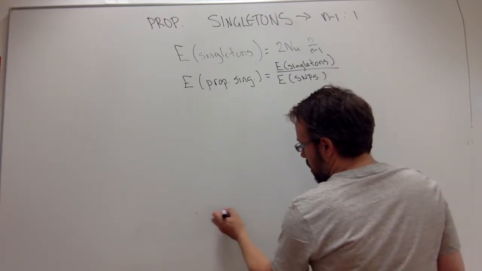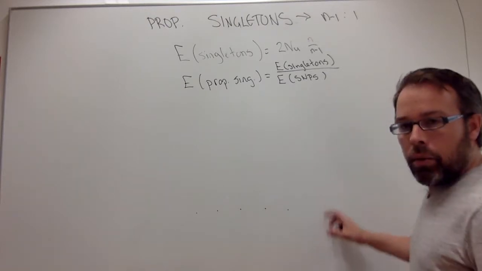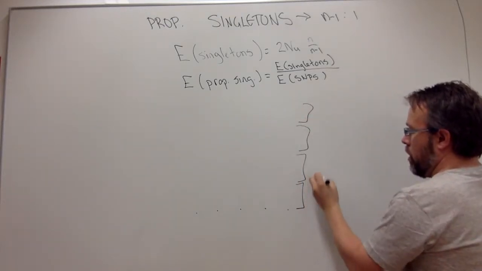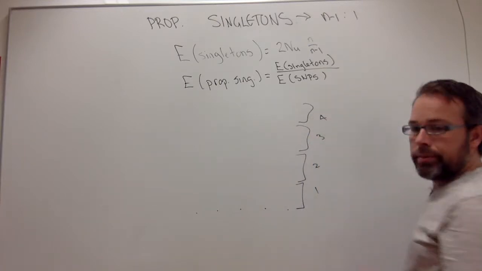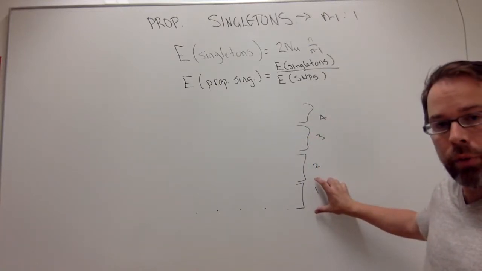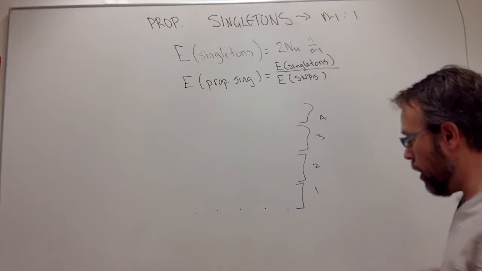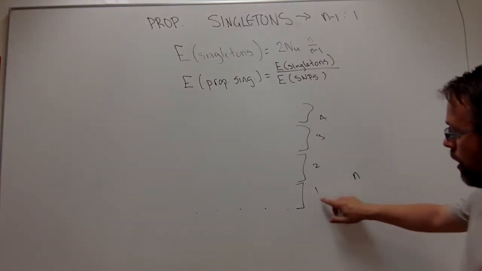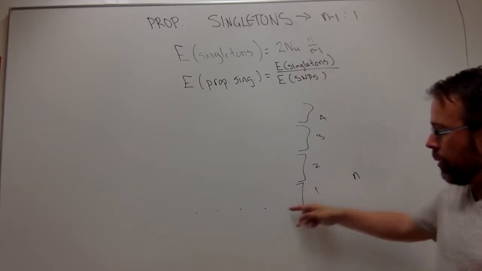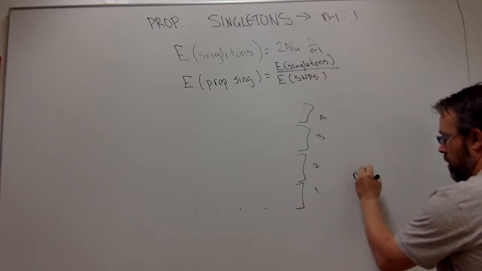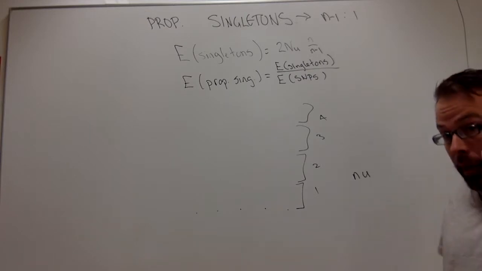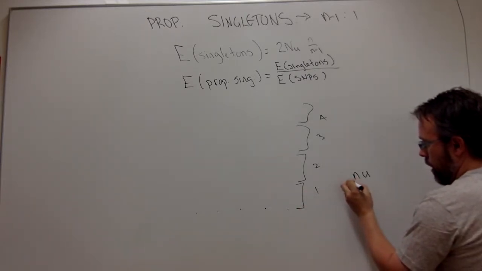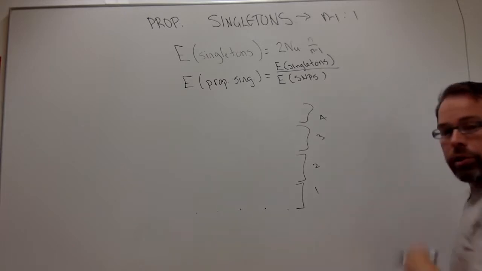So in our sample, we can get our total number of SNPs as the number in each of our intervals, right? So what's the number of mutations in this interval? Well, let's do this more formally.